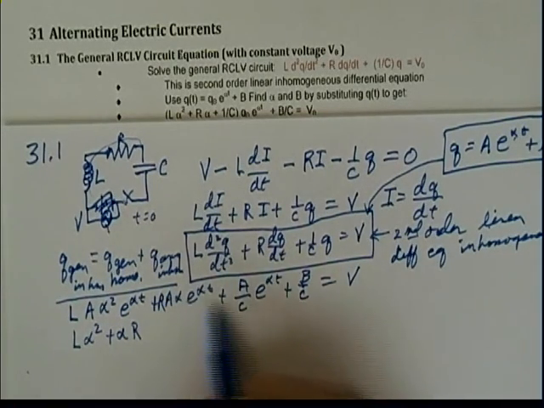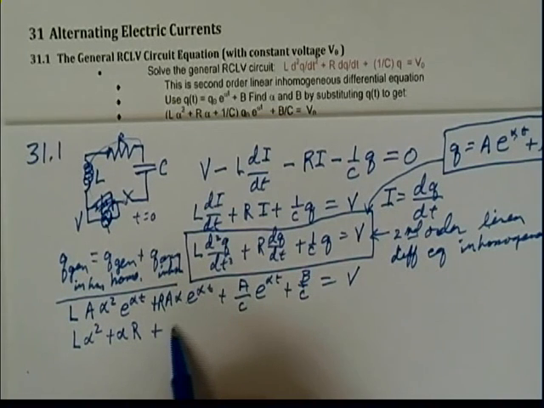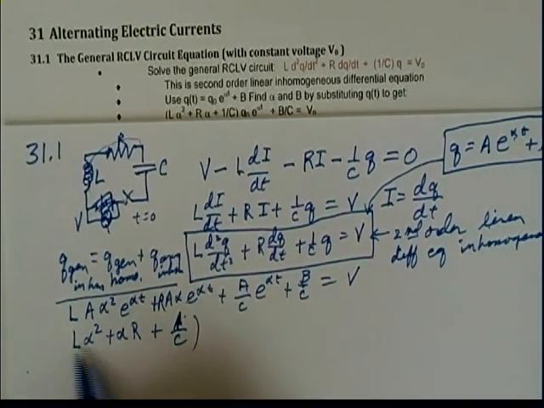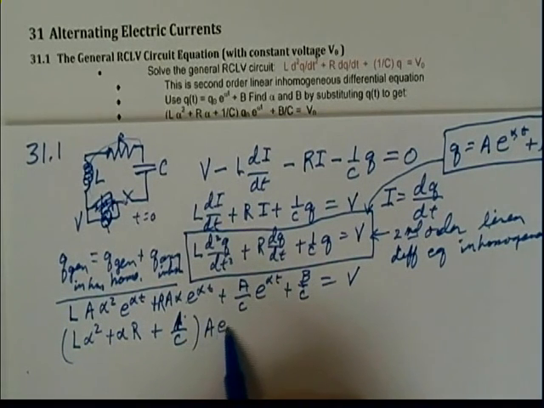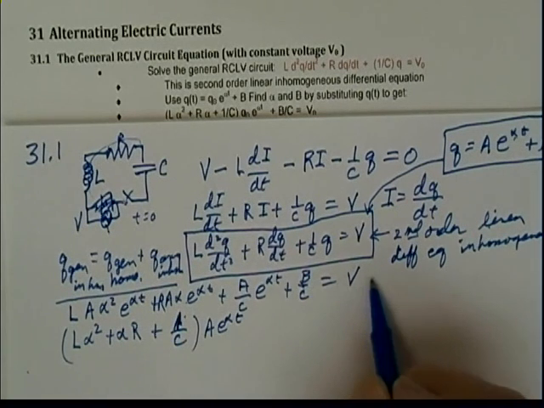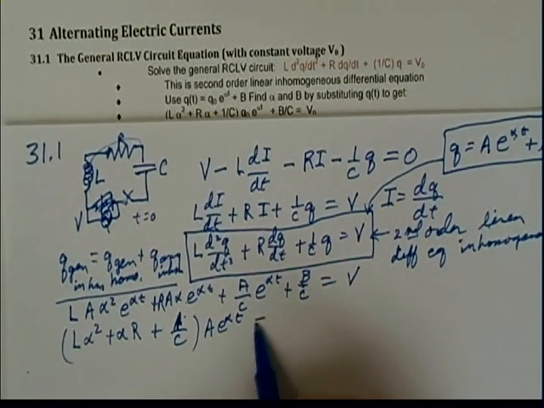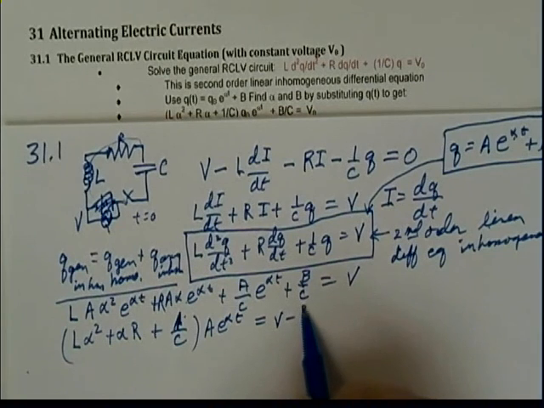Alpha times R plus 1 over C, and all of that multiplies A e to the alpha t. Then I bring this term, constant, to the other side, and that must be equal to V minus B over C.